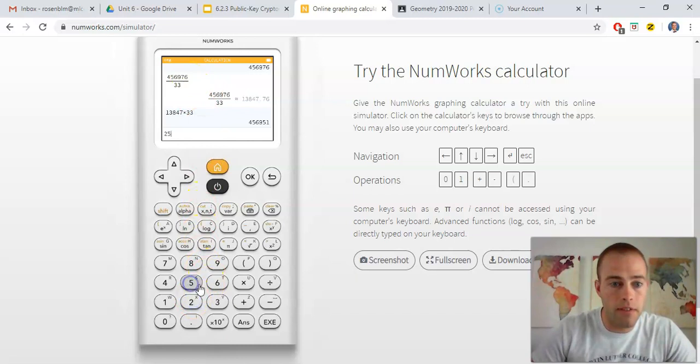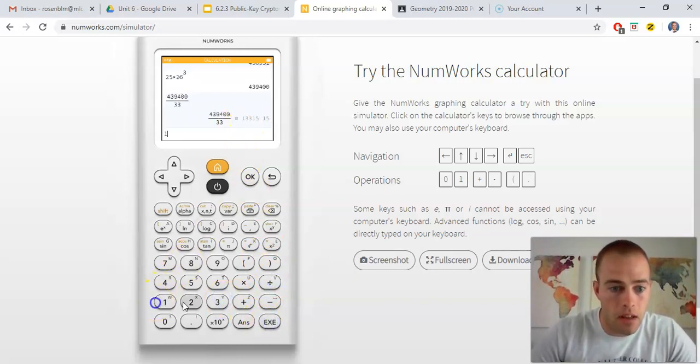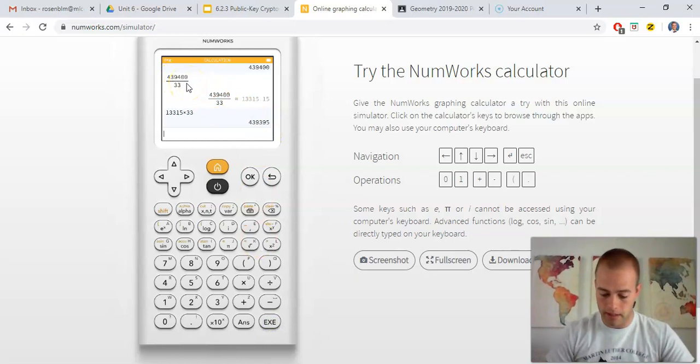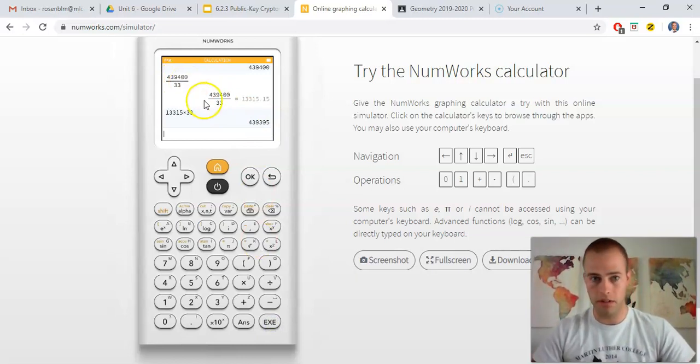So I'm going to take 25 times the 3 26s I haven't used yet. And reduce that, mod 33. 13315. 5 times 33. Looks like my remainder there is 5. So both my last numbers are 5, which is a good thing because those both convert back to E's.